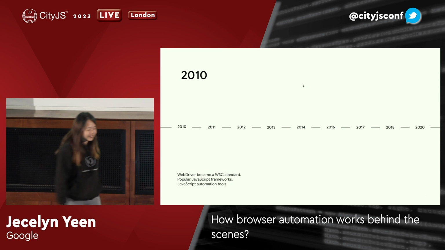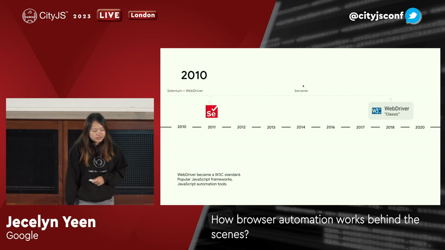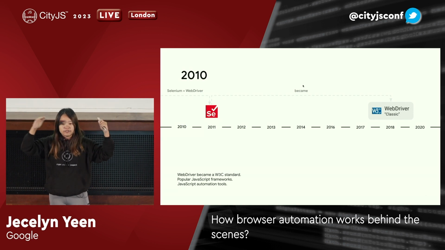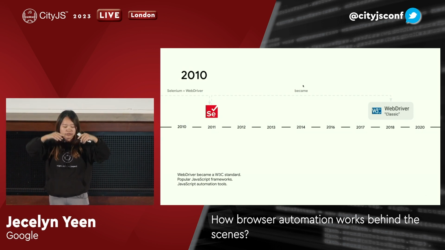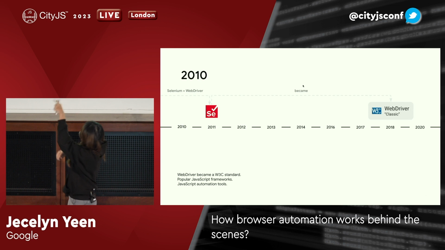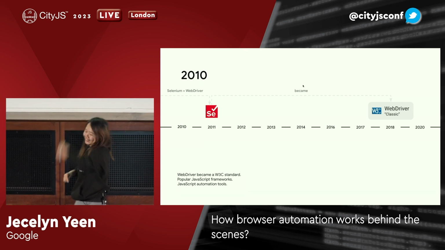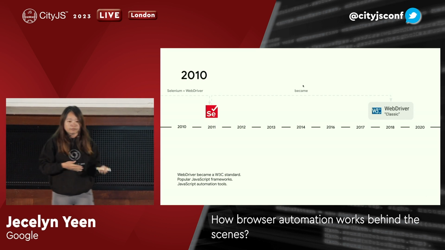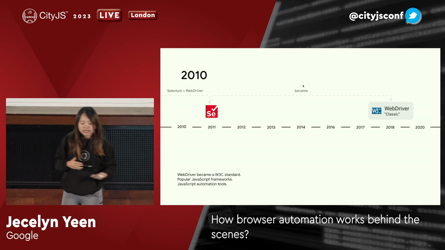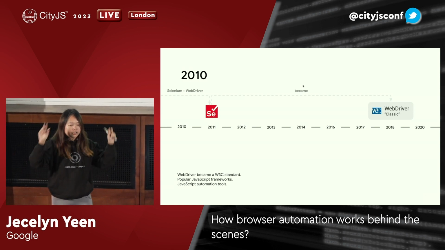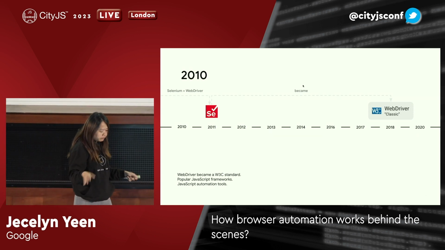So let's go to the next 10 years. The Selenium and WebDriver projects agreed to merge into a single project called Selenium WebDriver. Slowly it became a really popular standard. In 2018, WebDriver became a web standard, so we call it WebDriver Classic.